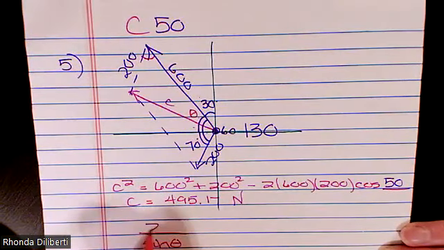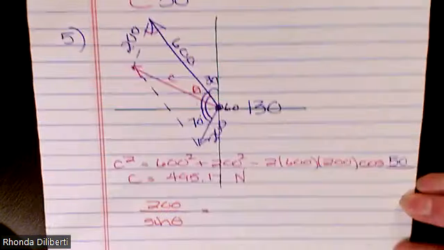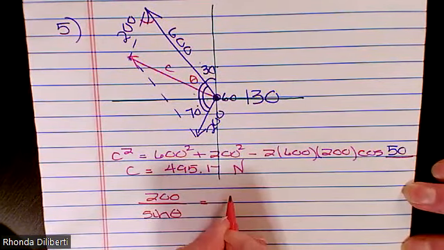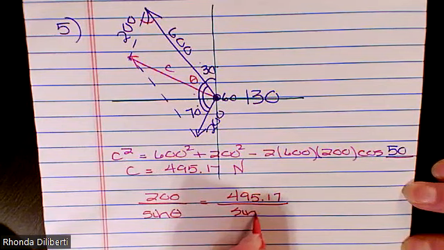So there's 200. And I'm going to set that equal to C over sine C, because I know that stuff. So side C, let's slide this up a little bit. Side C is 495.17. And this is sine of 50.